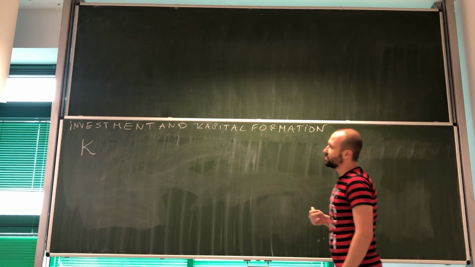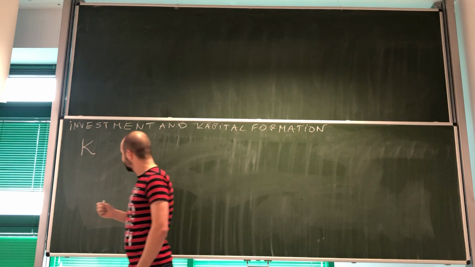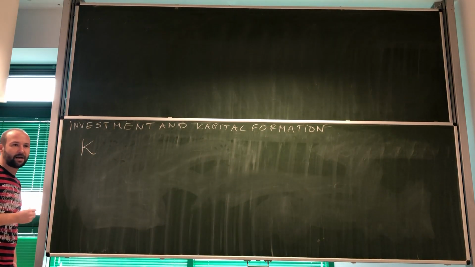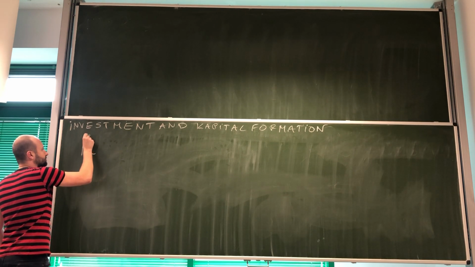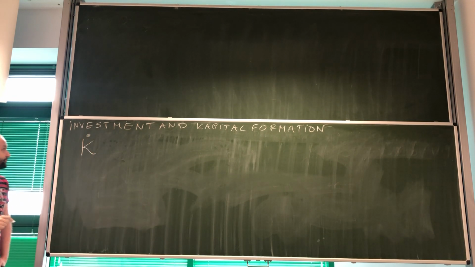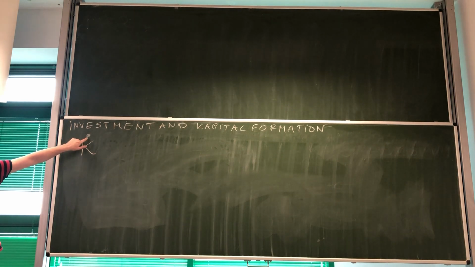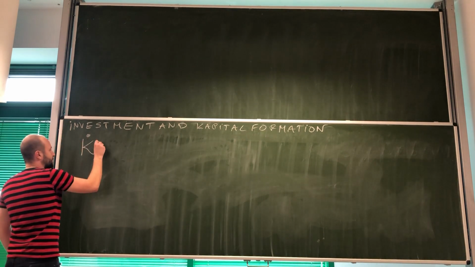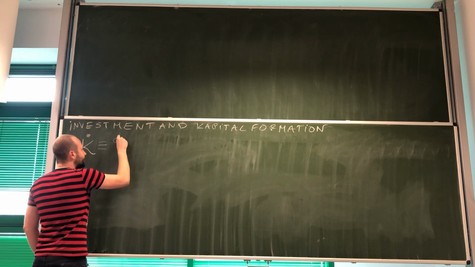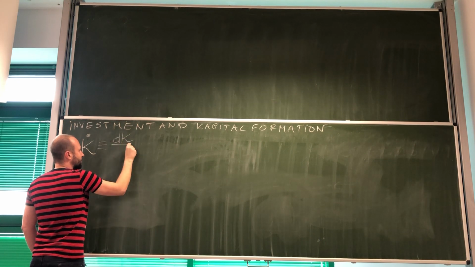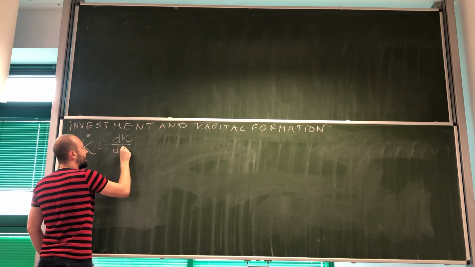Alright, but now I'm going to do something that you probably might not have seen. I'm going to put a dot over K. Look, from this moment on, every time you see a variable with a dot over it, by definition, it will denote the derivative of this variable with respect to time.